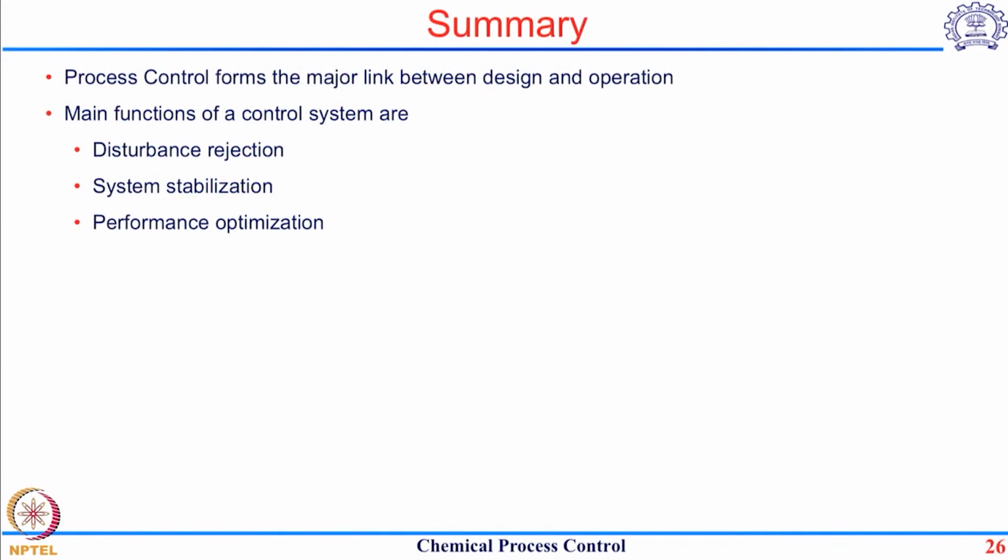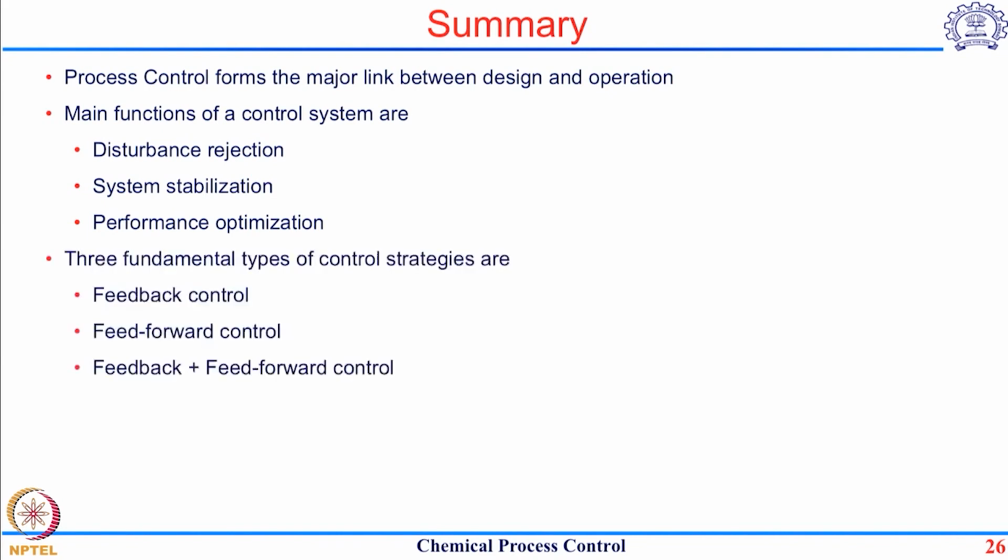The first one is rejecting the effect of disturbance, second one being stabilizing an unstable process, and lastly to optimize performance. There are different control strategies like feed forward control strategy, feedback control strategy, and a combination of feedback and feed forward, and we saw what are the individual advantages, disadvantages, as well as what are the situations when one strategy works better than the other.